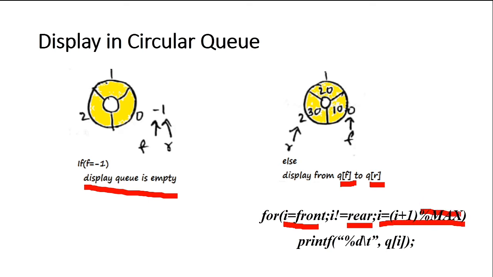This is very important in circular queue. In the normal queue, we just increment i value by 1 using i plus plus. But here we have to use the mod max function in order to connect it back to the previous position and display all the elements whatever is remaining.